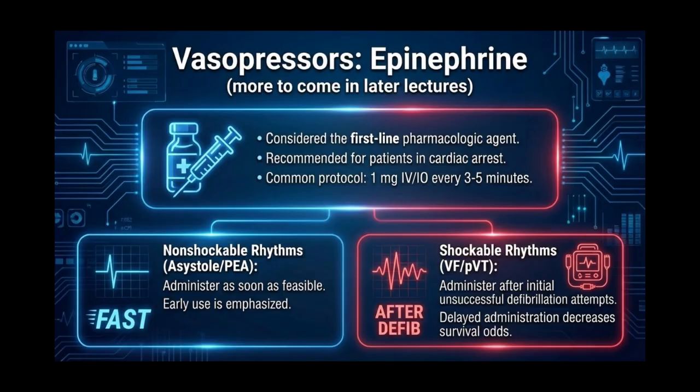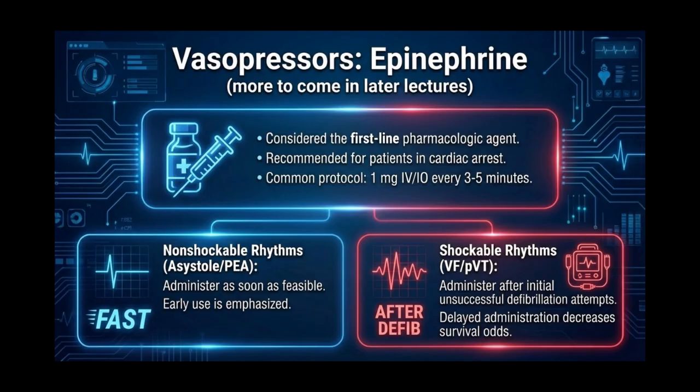For cases involving a non-shockable rhythm, such as asystole or pulseless electrical activity, it is advised that epinephrine be administered as soon as it is feasible. Research indicates that early administration of epinephrine is particularly beneficial for patients facing asystole or pulseless electrical activity, which underscores its emphasis in current treatment algorithms.